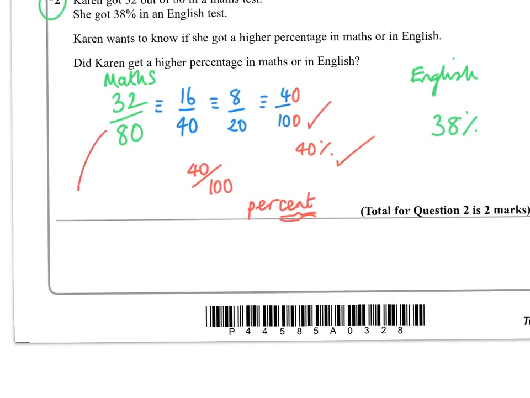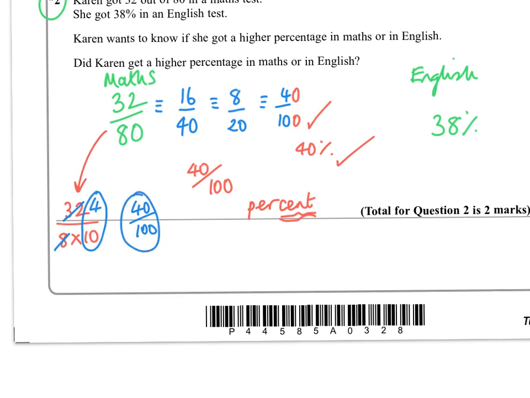Let's have a look at this one a different way. Is this 32 divided by 8 times 10? Well, you can see straight away that 8 into 32 is 4, and then you can see the 4 out of 10 really quickly, which leads you on to 40% really quickly. So that's another way.